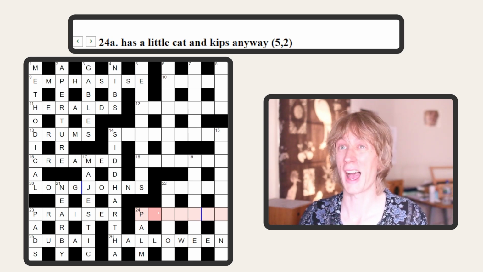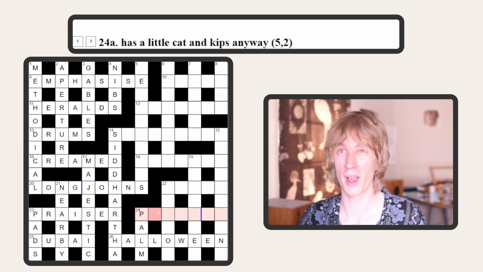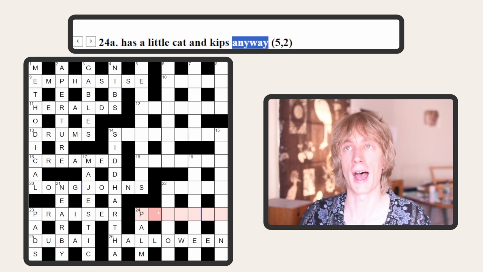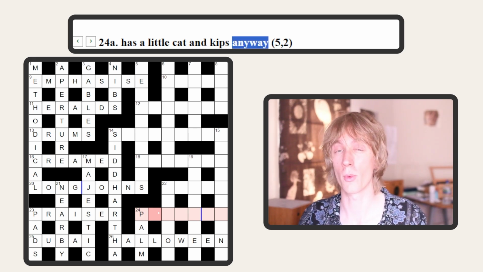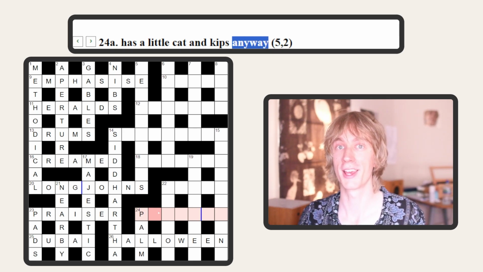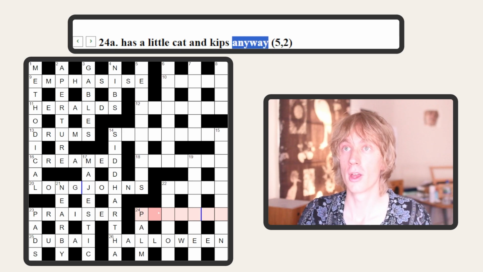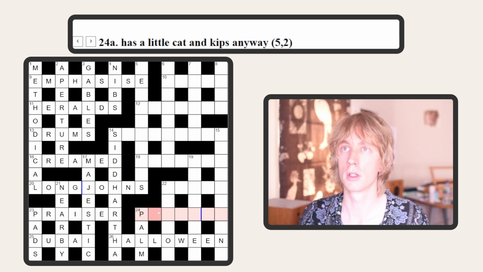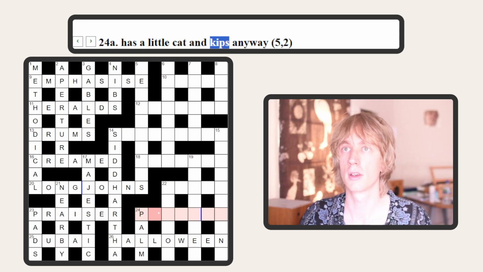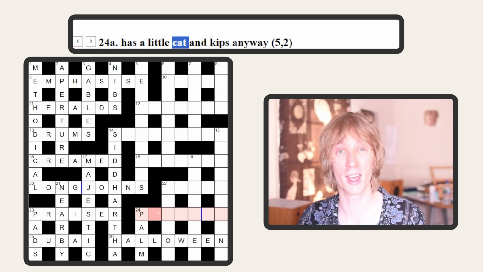24 across, has a little cat and kips anyway. Well, here we have the word "anyway", which could be an indicator for an anagram, right? If you treat letters anyway, you can jumble them up. So we're looking for 7 letters that we can jumble up. Well, we have "kips" and we have "cat and kips".